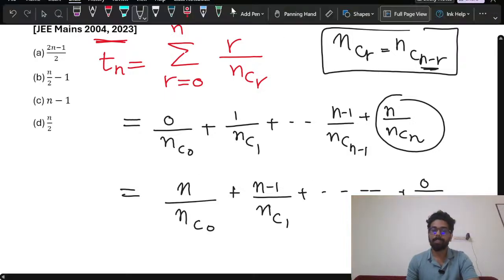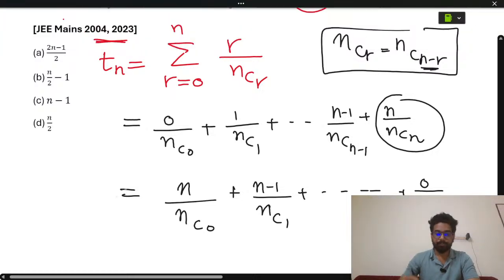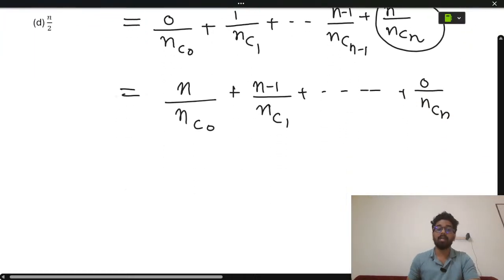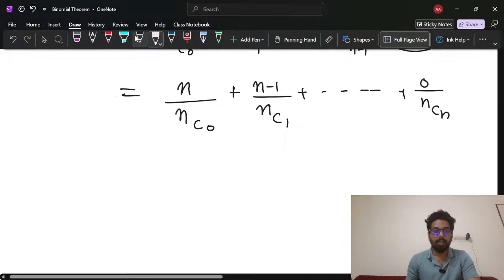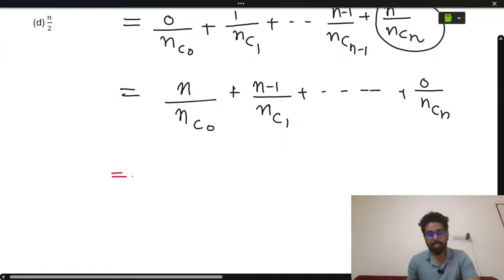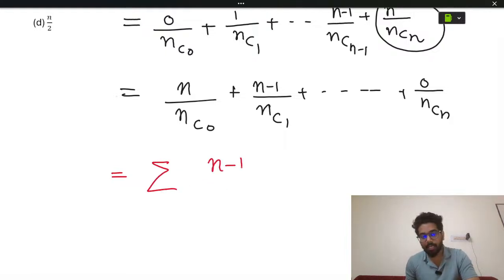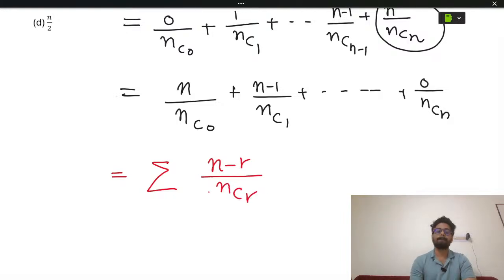Now this whole thing has been converted. If I write this, it's sigma of n minus r upon nCr. If r is equal to 0, it's n minus 0 upon nC0.